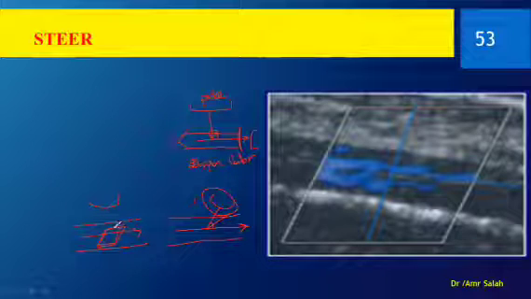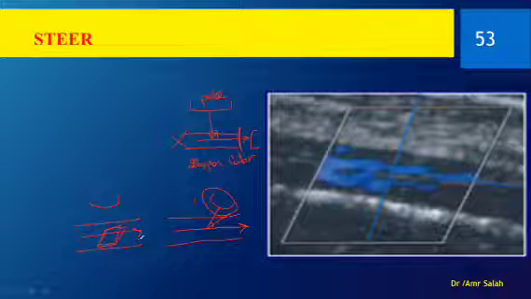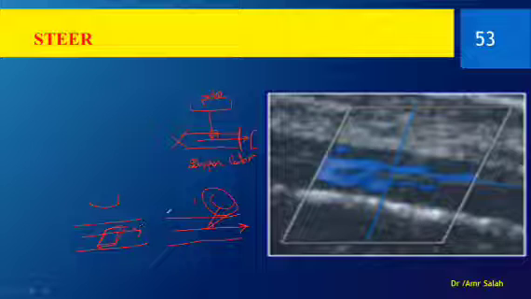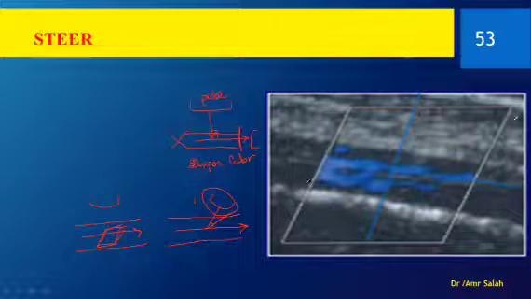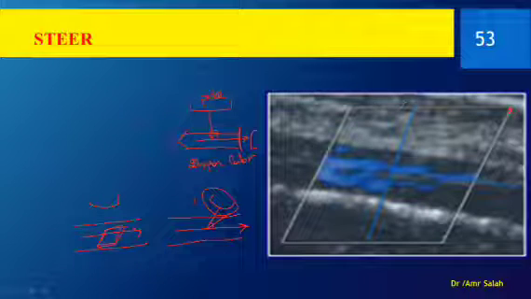Now, in this situation, where is your probe? It is absolutely important to know where the probe is in order to determine whether the blood is coming towards or away. In order to know this, we have agreed before that we will imagine the virtual probe, where we will imagine that there are 4 points here.